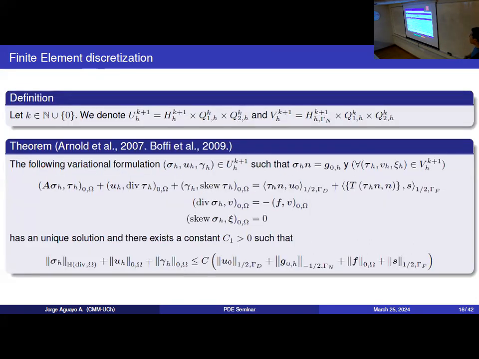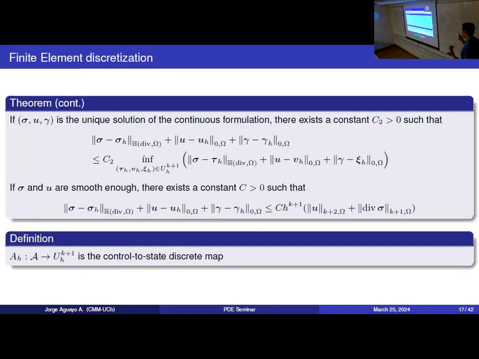And the idea is to define the space for the states. And the most important thing is that for the direct problem, we have a unique solution. So the discrete spaces verify some good properties, in particular the hypotheses for the Babuska-Brezzi theorem. And using interpolation and Céa's lemma results, we can obtain a convergence result.